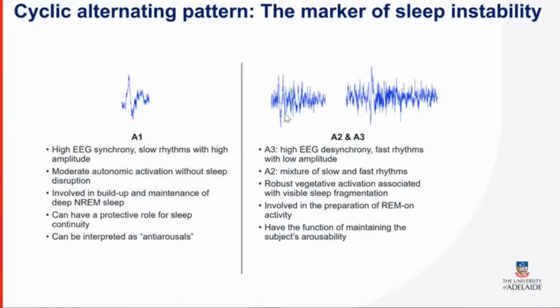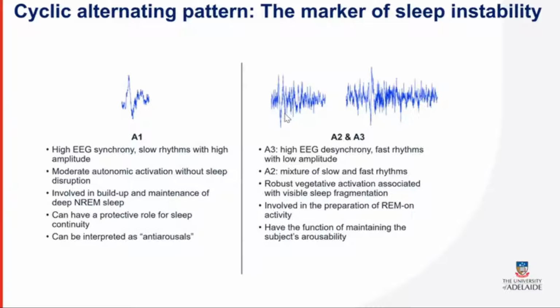Now, if you want to summarize what those phases could mean, Terzano and co showed that A1 phases don't involve much autonomic activation, and it's thought that these A1 phases are there to maintain sleep. So they coined this as anti-arousals, whereas A2 and also A3 phases are somewhat similar to our AASM arousal scoring.